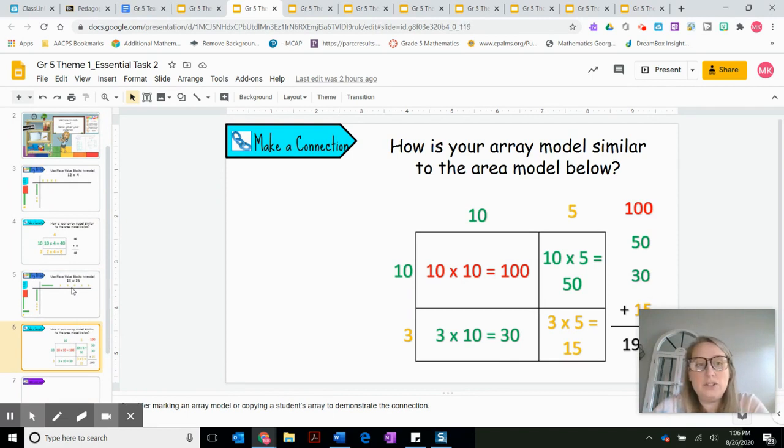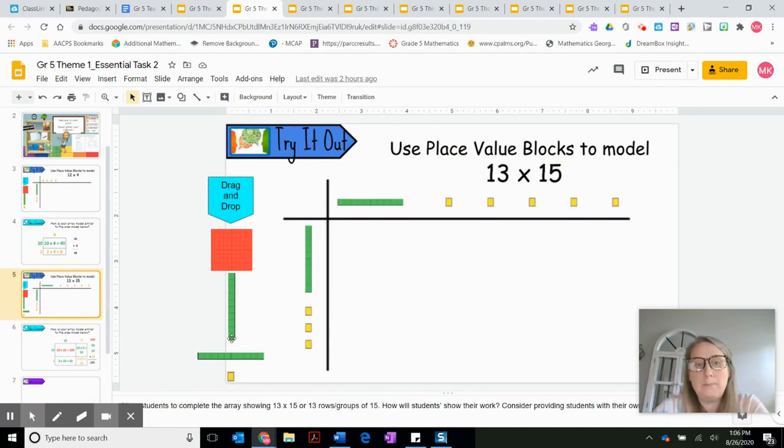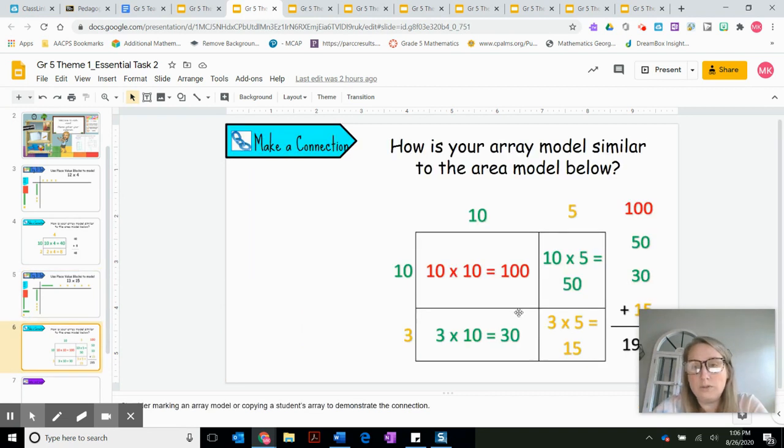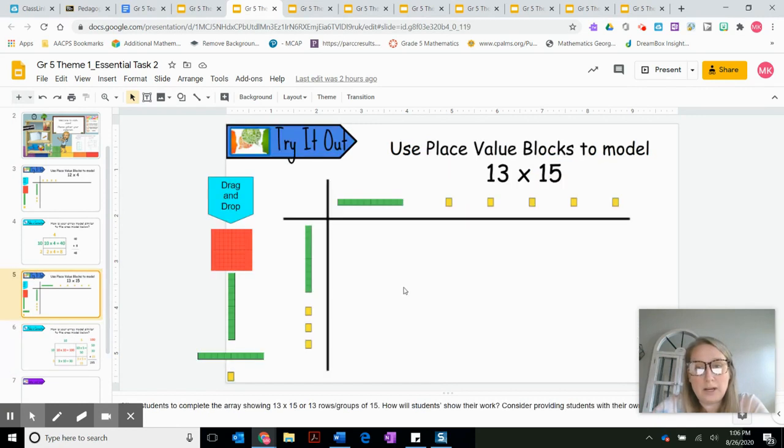If we still have students using these base 10 blocks, these place value blocks, how can we get them to move into this area model? For example, for this one, I would take a picture of a student's work. I could have students complete this slide, and I could share it with them.